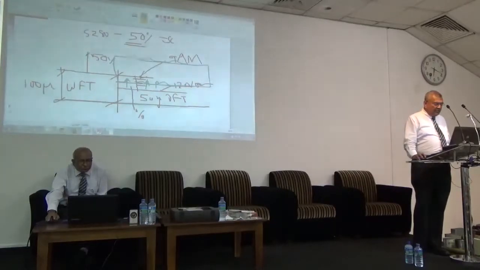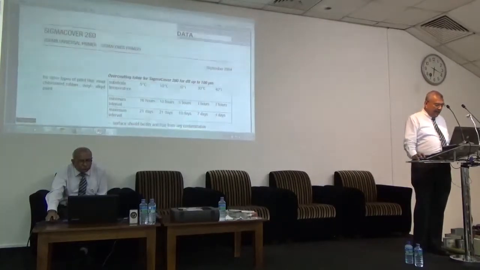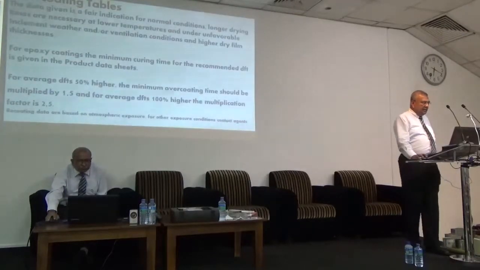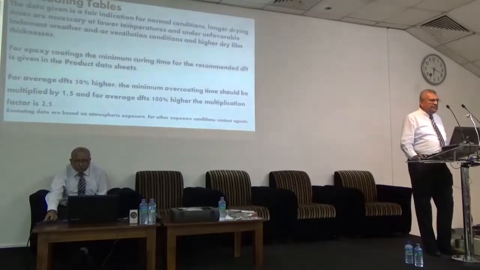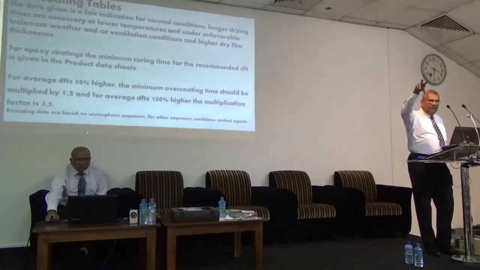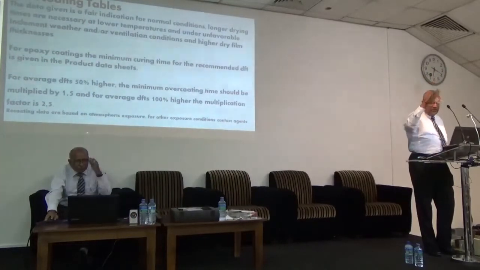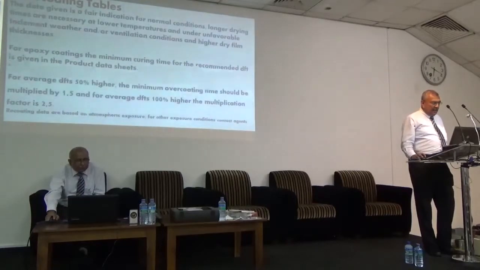So that's why we say, overcoating interval: the data given is a fair indication of normal conditions, longer drying times necessary at low temperatures. That's what we saw. At 4 degrees steel temperature 4 hours, 30 degrees steel temperature 6 hours. So the time corresponds to the steel temperature.